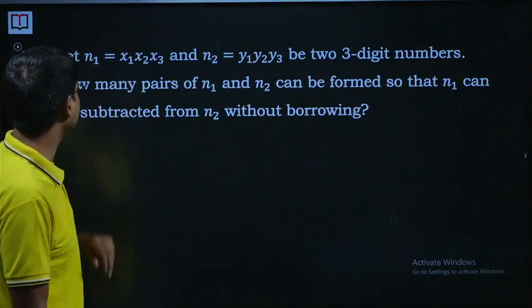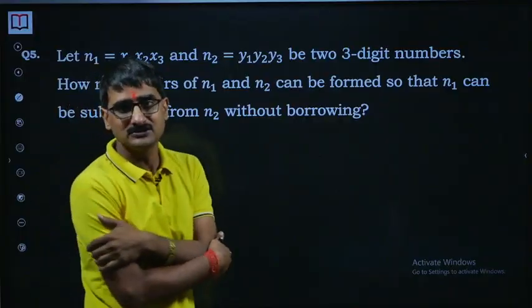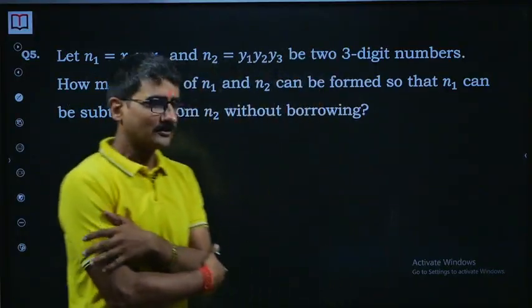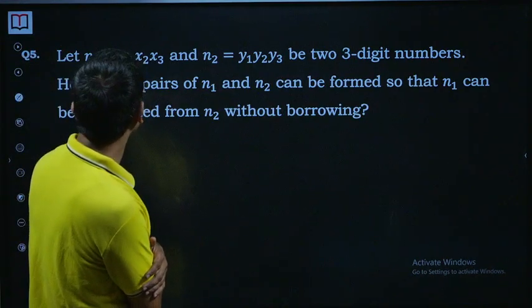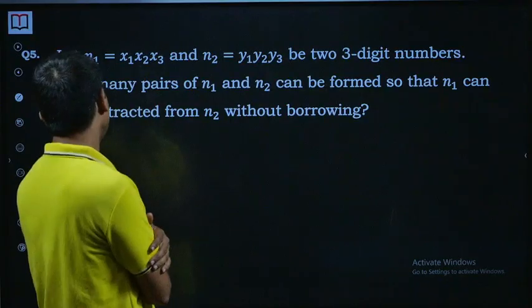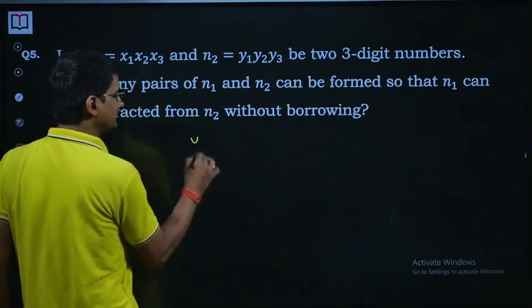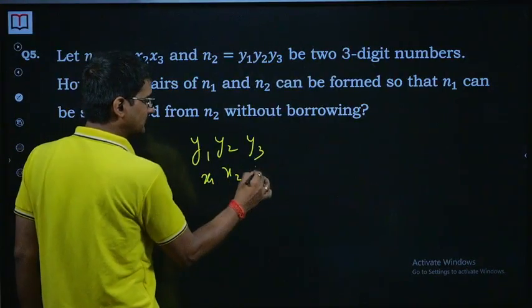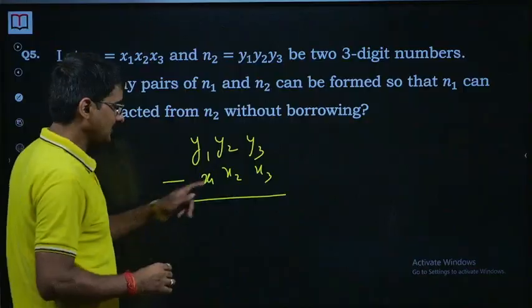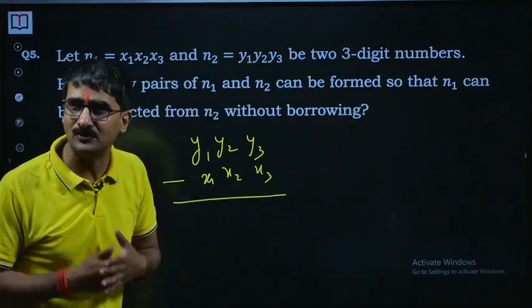So now moving to the next question. Now that's an interesting question. The question is: n1 is x1, x2, x3, and n2 is y1, y2, y3. How many pairs are there so that n1 can be subtracted from n2, that is y1, y2, y3 minus x1, x2, x3, without borrowing a number?